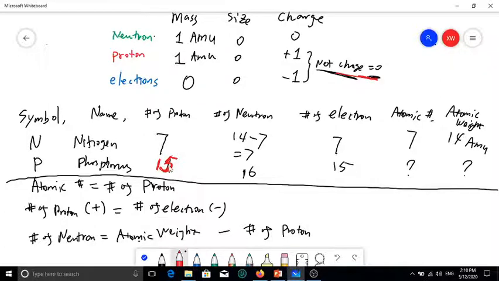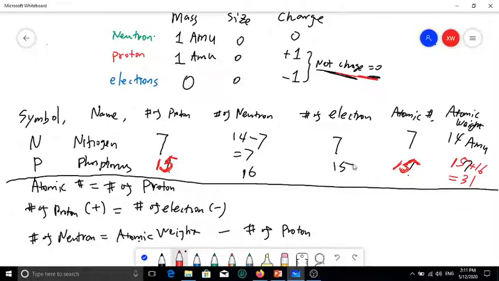So now you have 15 protons because you have 15 electrons, and you have 16 neutrons. That means you're going to have 15 plus 16 equals 31 AMU atomic weight. And then what about the atomic number? The atomic number needs to be exactly the same as the number of protons, no exception.